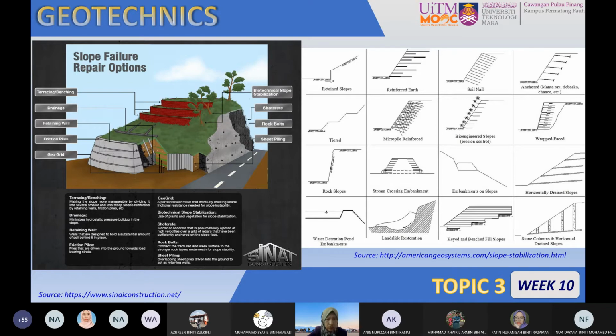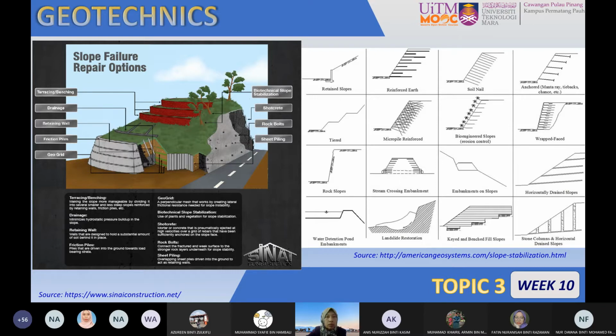The same goes for the right side of this figure. The idea of this figure is to indicate if you are using structural stabilizations to maintain a slope, for example, methods dealing with soil nailing and rock anchoring. When I say these two things, it's not simply that you use them before you know what the material of the soil is. Some slopes may have weathered rock, and some slopes may have loose sand or loose soil.